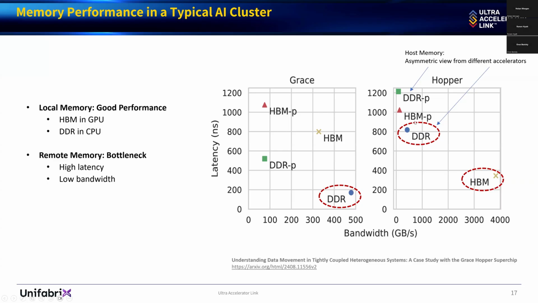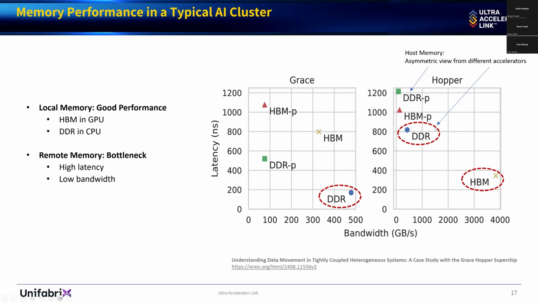But once we go over NVLink or NVSwitch, the performance drops dramatically. If we go to the HBM of the peer superchips, like the peer Hoppers and the peer Grace that exist across the NVLink switch, the latency grows beyond 1 microsecond for HBM and even higher for the DDR, and the bandwidth drops significantly.